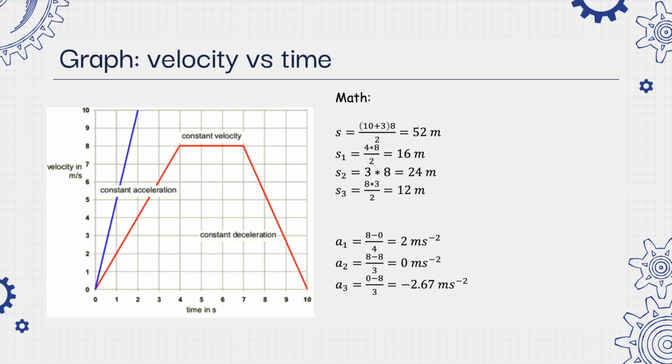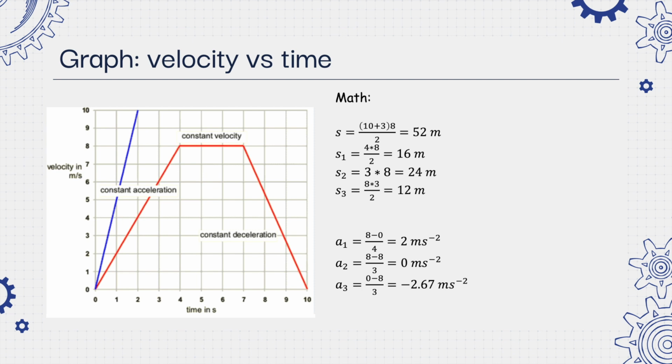How can we calculate the acceleration first? The acceleration, by definition, is the change in velocity divided by time. For the first part, we can say 8 minus 0, the change in velocity, divided by 4, the time, equals 2 meters per second squared.